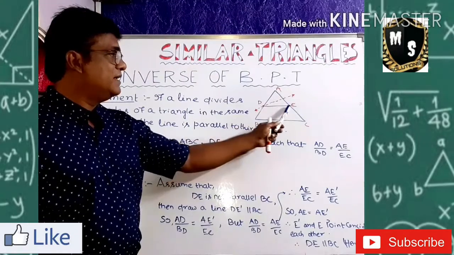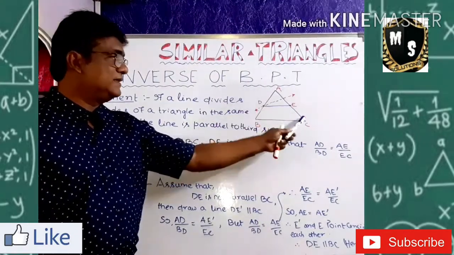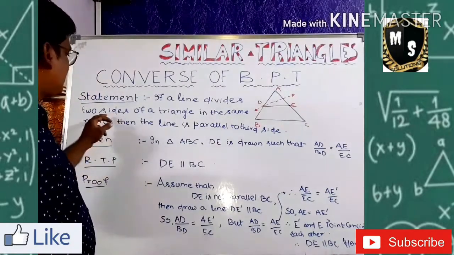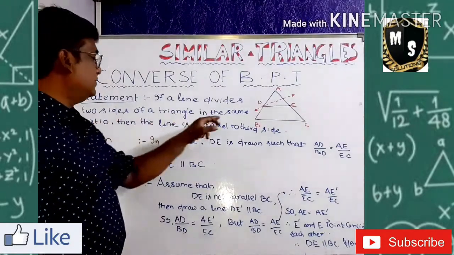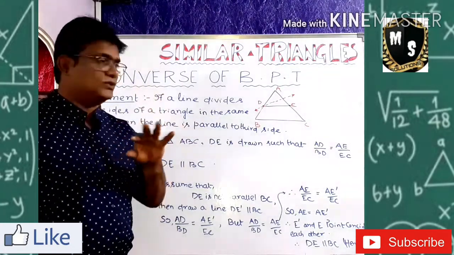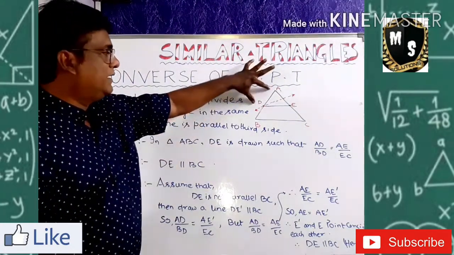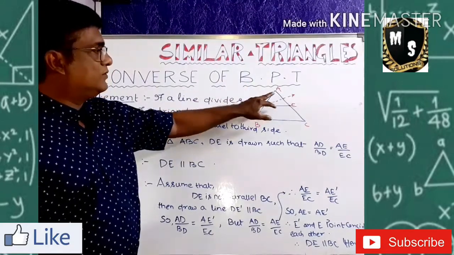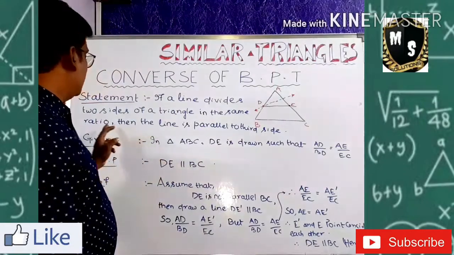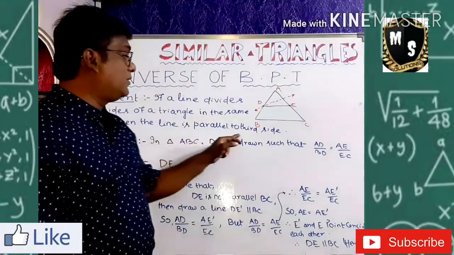Because this line is dividing AB and AC in the same ratio. So if it divides the two sides of a triangle in the same ratio, that is given. For that reason I said AD by BD is equal to AE by EC.